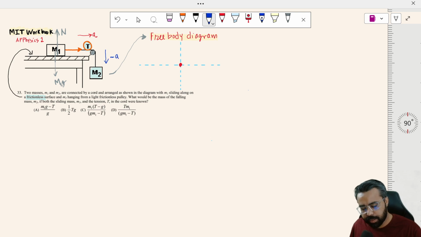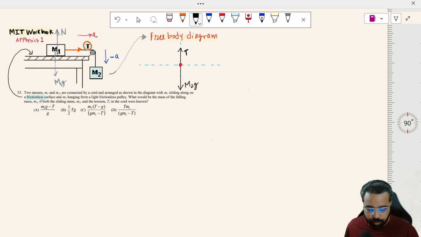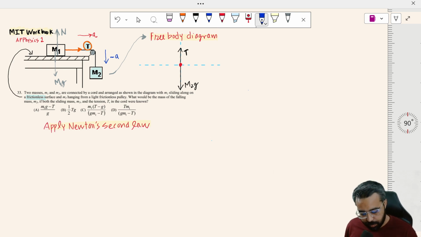If you are choosing upward as positive and conventionally downward as negative, then obviously this is a larger force than this force, and its magnitude is tension T. So when you apply Newton's second law for mass m2, we see that it is accelerating vertically along the y-axis, so Fy is equal to may, or you can say its magnitude is a.